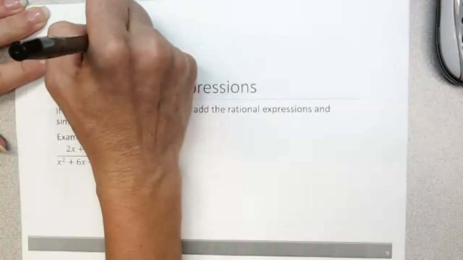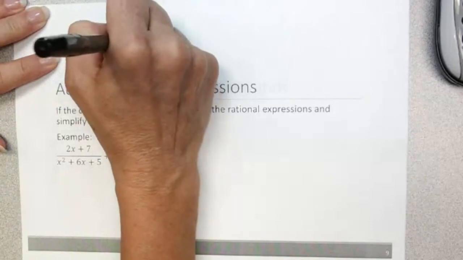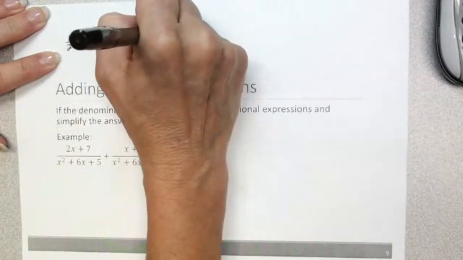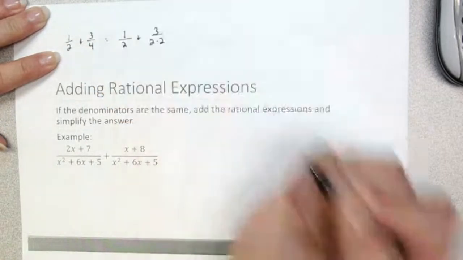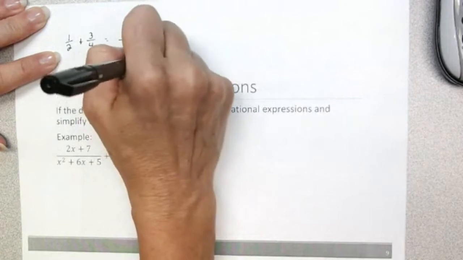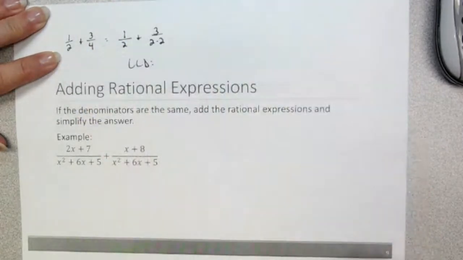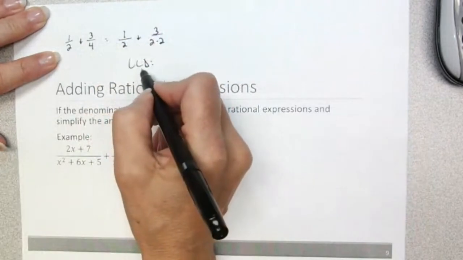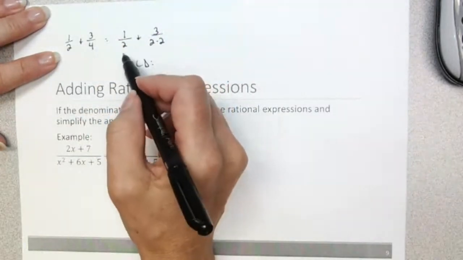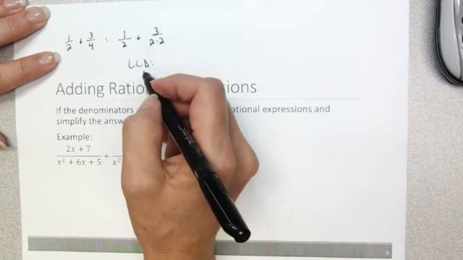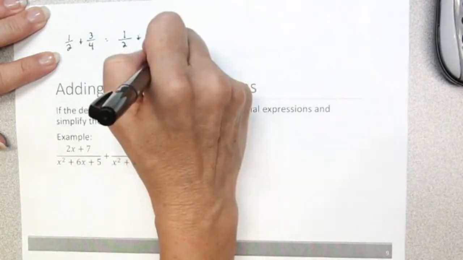And the reason for that is because when I fully factor those denominators, it becomes 1/2 plus 3/2 times 2. And my least common denominator here is simply going to be the 2 times 2. To find the least common denominator, I want to make sure all my factors are represented in the LCD.